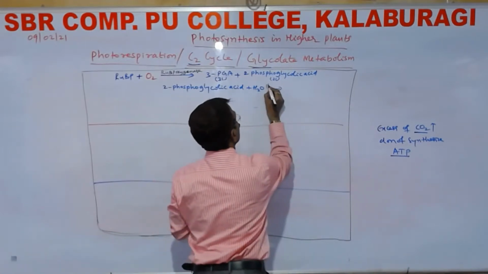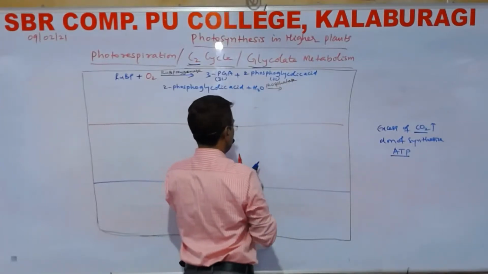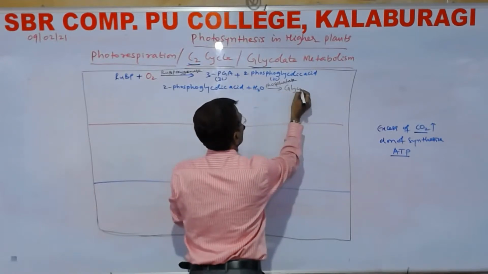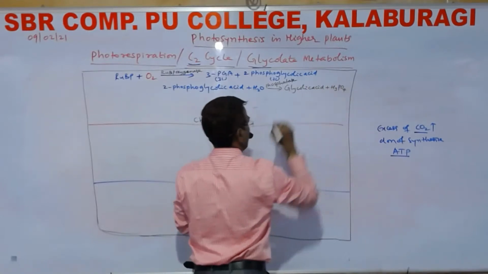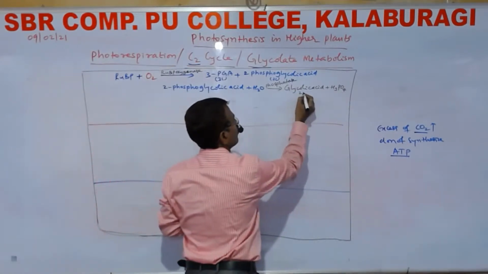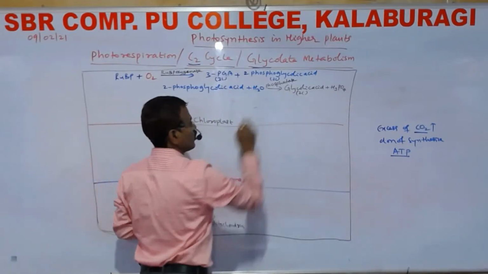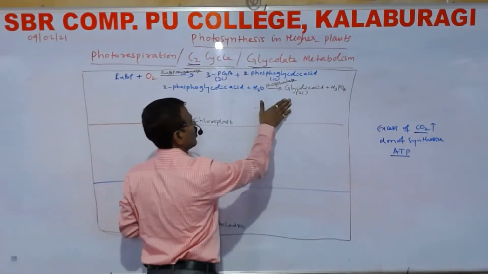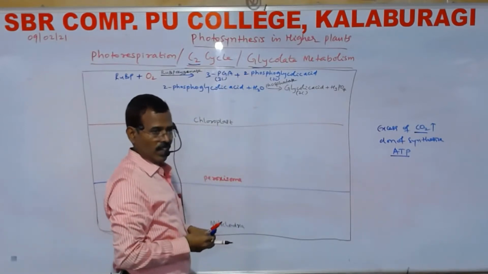The phospho group gets separated, and it forms glycolic acid plus phosphate, H3PO4, that gets separated. So we got a two carbon compound, glycolic acid, produced in the chloroplast of that mesophyll cell.